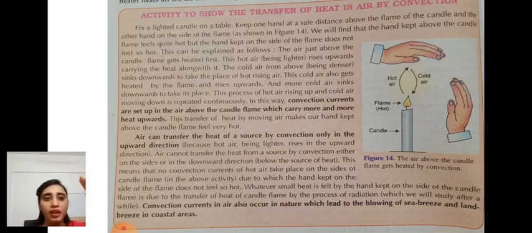The cold air also gets heated by the flame and then rises upwards. In this way, convection currents are set up in the air above the candle flame, which carry more and more heat upwards. This transfer of heat by moving air makes our hand kept above the candle flame feel very hot.